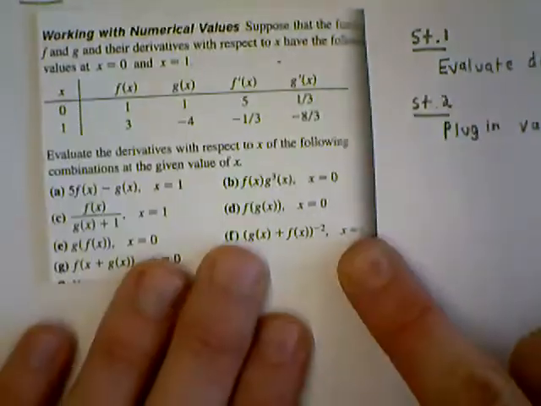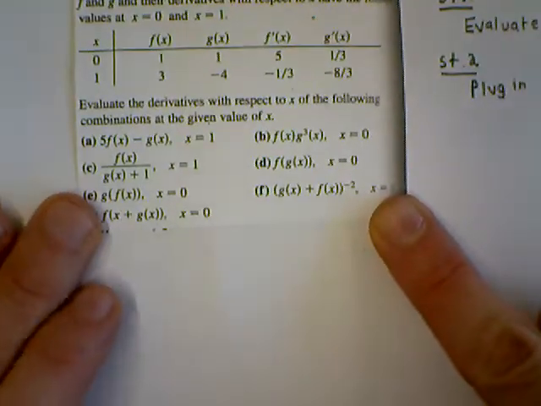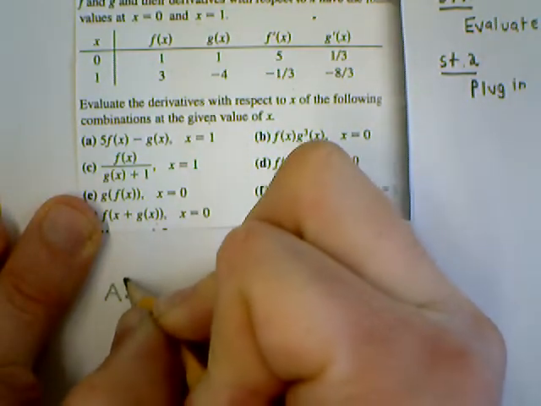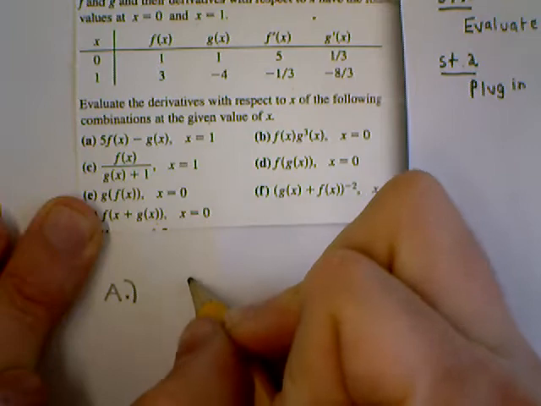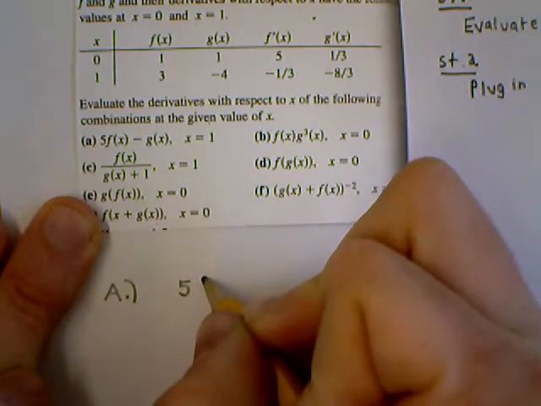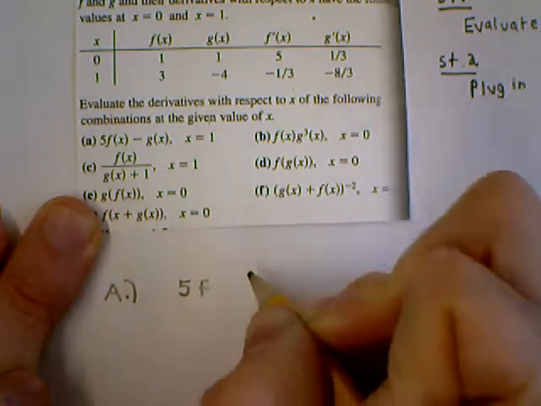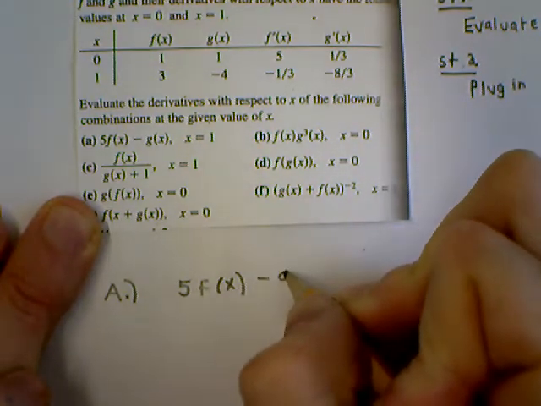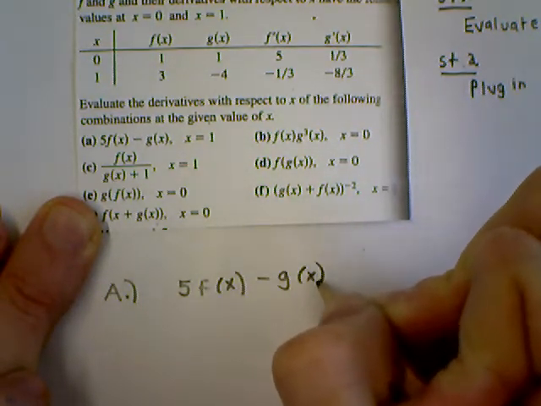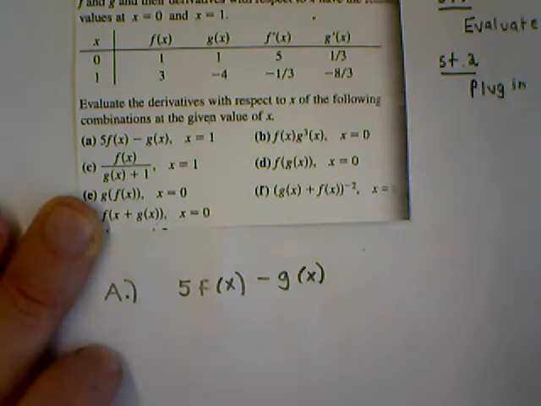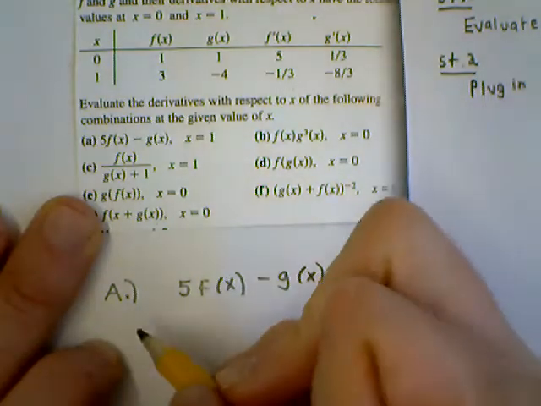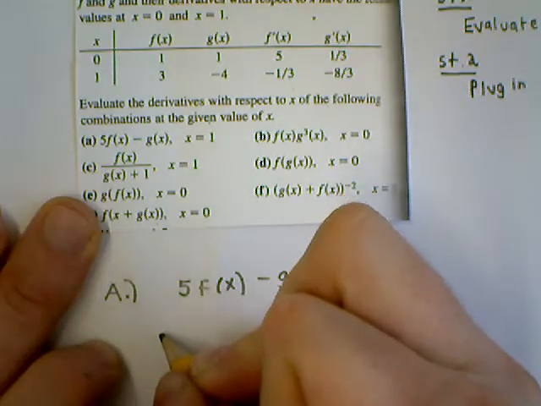So for letter A, it says that we have 5 times f of x minus g of x. So if I take the derivative with respect to x, let's go ahead and do that. So this is step one.